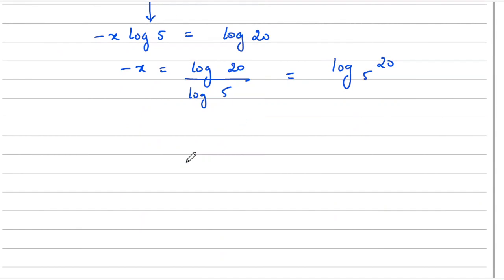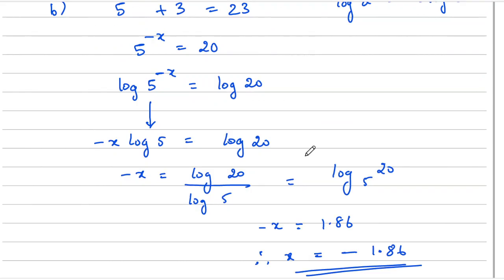Now for this part you can use your calculator, because without the calculator you can't solve this part. So log 20 to the base 5 is equal to 1.86, rounded to 3 significant figures, and this is actually minus x, so therefore x is going to be equal to negative 1.86.